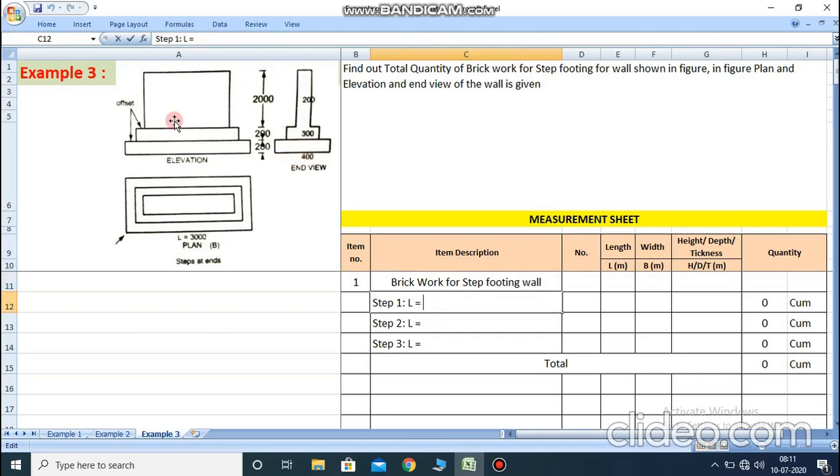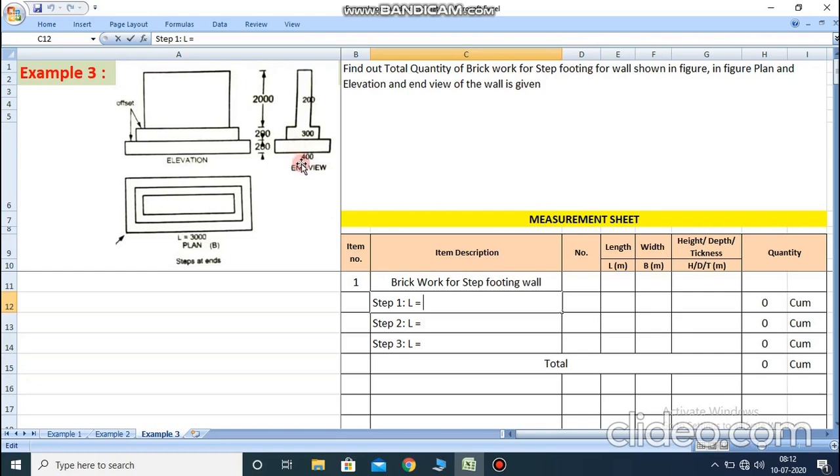Here the length is given. So how to calculate the length? First we calculate the length for the bottom step. See this cursor point. For the bottom step, we compulsorily add this offset and this offset, 2 offsets from here and 2 offsets from here. These offset lengths we calculate from the end view. Here the wall thickness of 200 mm is given, and for step 1 the wall width or thickness is given as 400 mm.